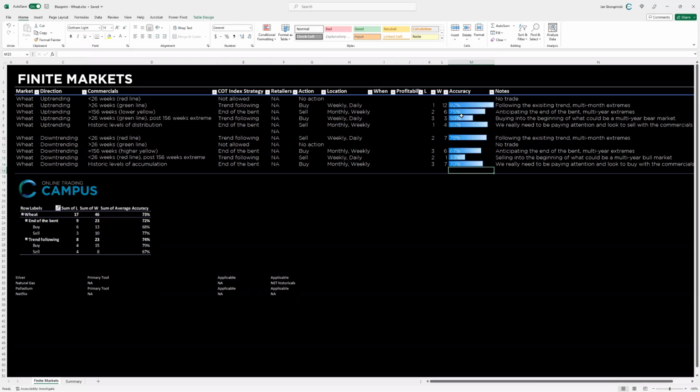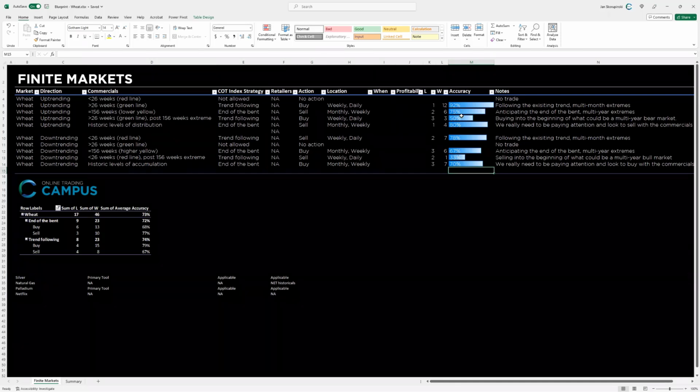So it's your job as a trader to figure out what fundamental drivers are the primary drivers of the markets that you love to trade, right? And become an expert at one market before you trade all markets under the sun.